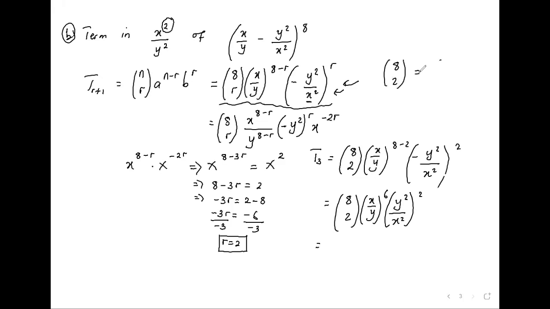8 choose 2 is like 8 factorial over 2 factorial, 6 factorial. So it's 8 times 7 over 2. 2 here, 1, 2 here, 4. So we get 28.